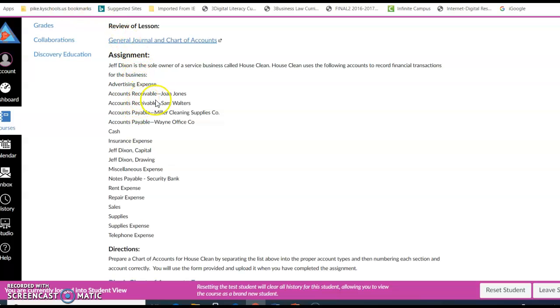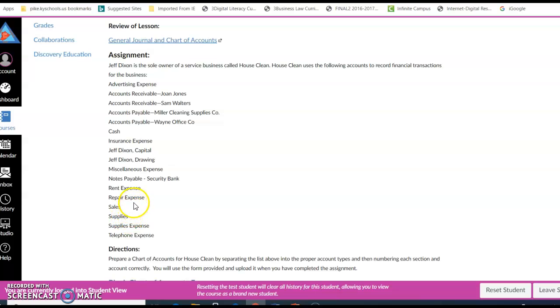Then you can go back to your list, and you know the next one is going to be accounts receivable. Now you have two accounts receivable, so I would put them in alphabetical order. I would do Joan Jones first, and then I would do Sam Walters next. So I would probably number these maybe 115 and 120, or 120 and 130. And then you're going to go through and pick out any more assets in the list.